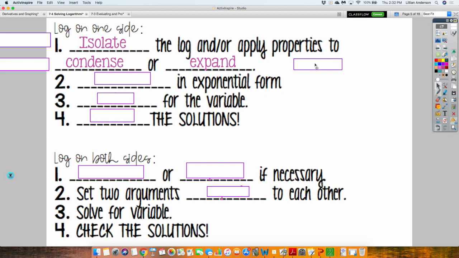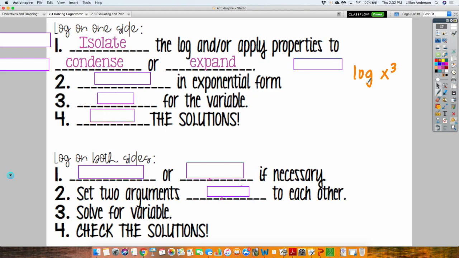So if there was like a +3 that was added to that log term, then you would have to get rid of that. Or like you said, if there's a number in front, you got to get rid of that. But what if you have the exponent 3? If you have an exponent, that's fine. Exponents are fine. No, I'm saying like, when you have x to the third, then you have to bring the 3 out in front of the log.